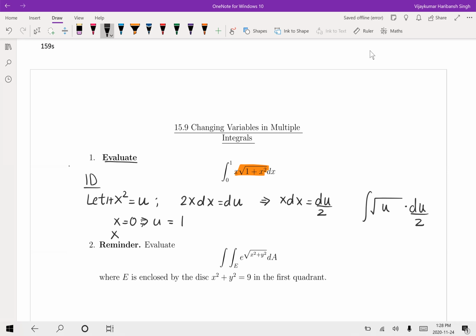And when x is 1, u is 2. So you get 1 to 2. So this is what happens in a 1D integral.